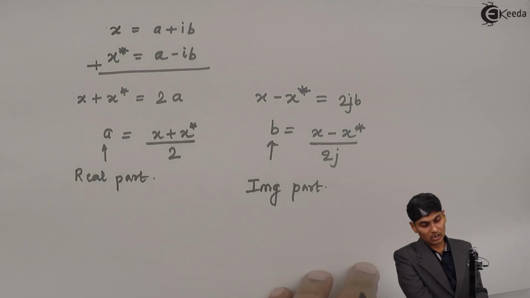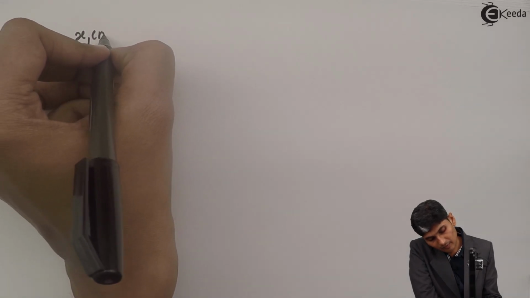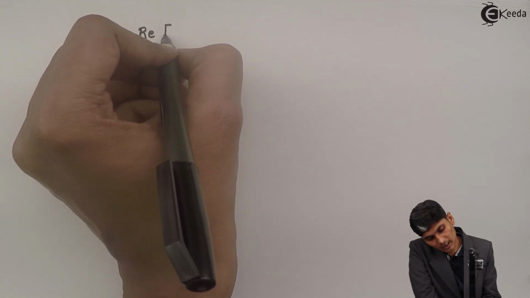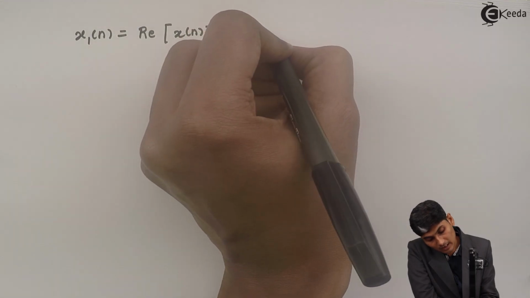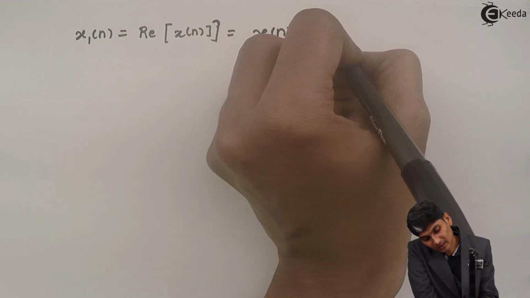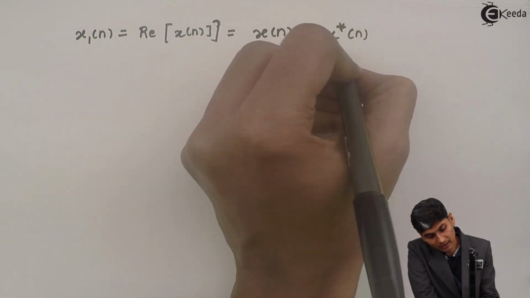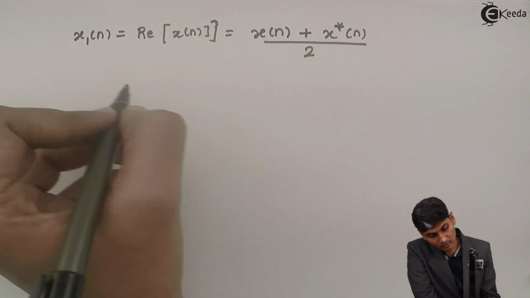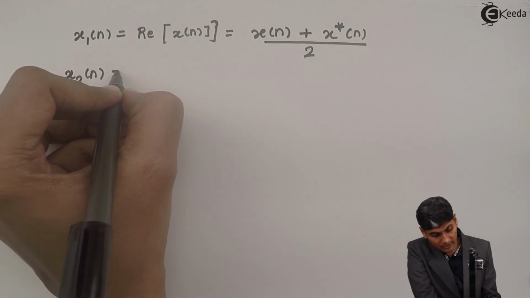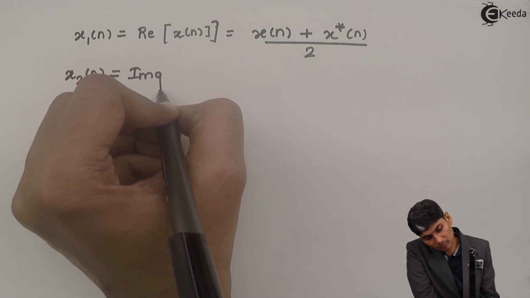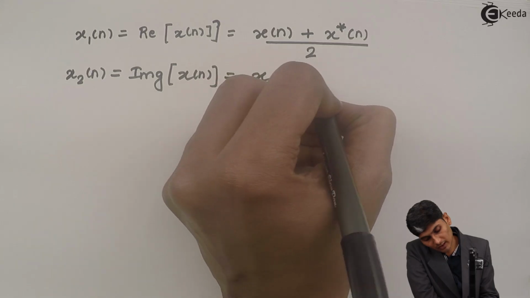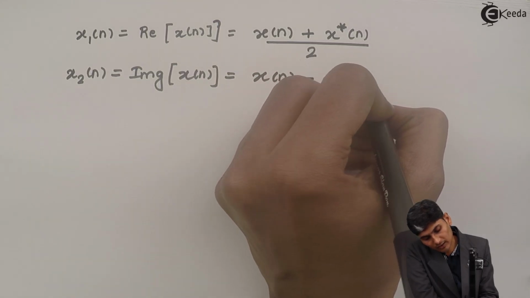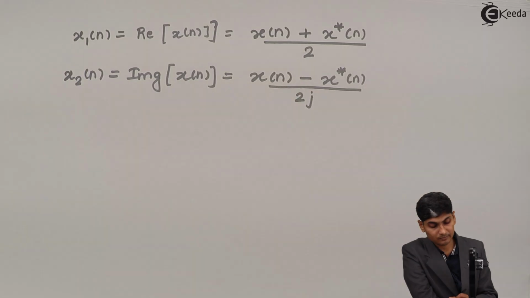So similarly, I can write that x1 of n, which is the real part of x of n, can be written as x of n added with x conjugate of n divided by 2, whereas x2 of n, the imaginary part of x of n, can be written as x of n minus x star of n by 2j.